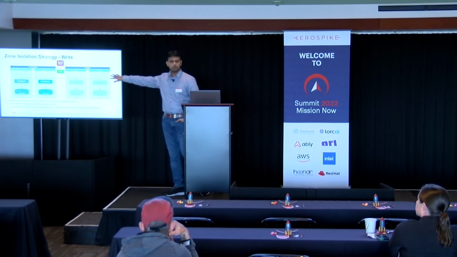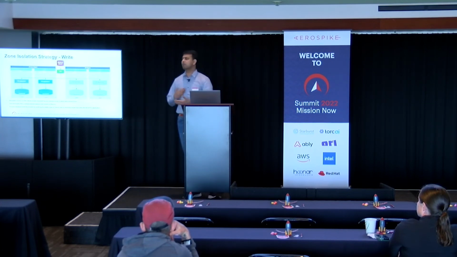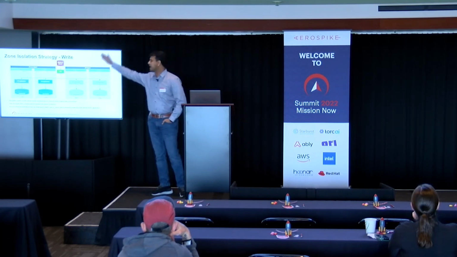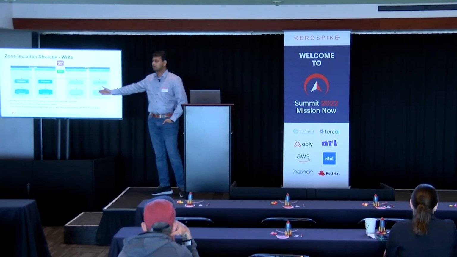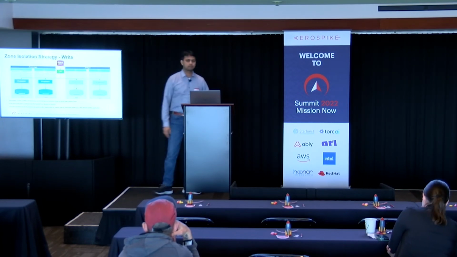If zone 2 is writing the data, and it's not writing the data the way I expected, let's say it starts corrupting it, what do I have to lose? I don't have to worry too much about it. I'll just take the entire zone out, and I still have a good copy of data from my zone 1.